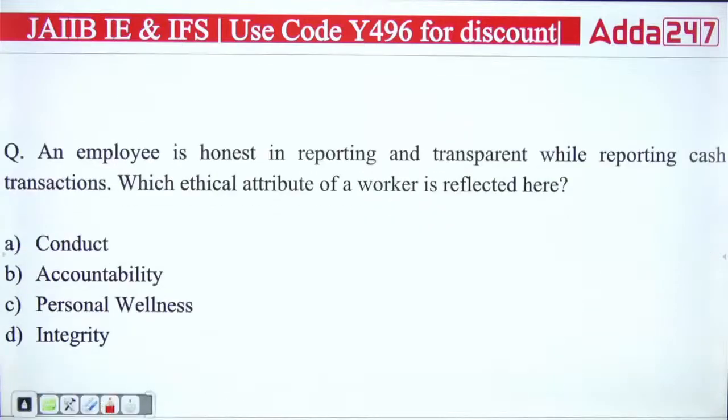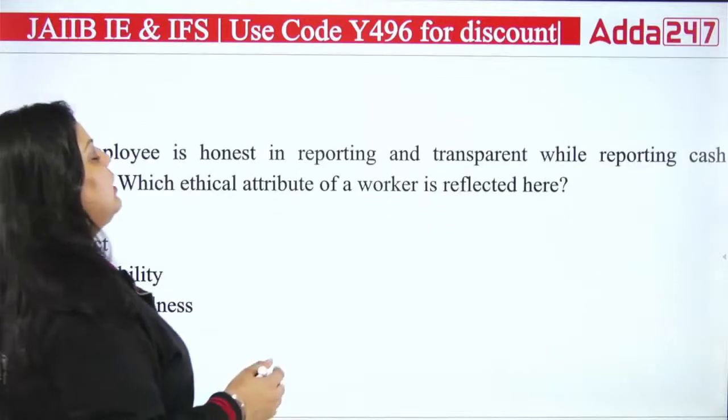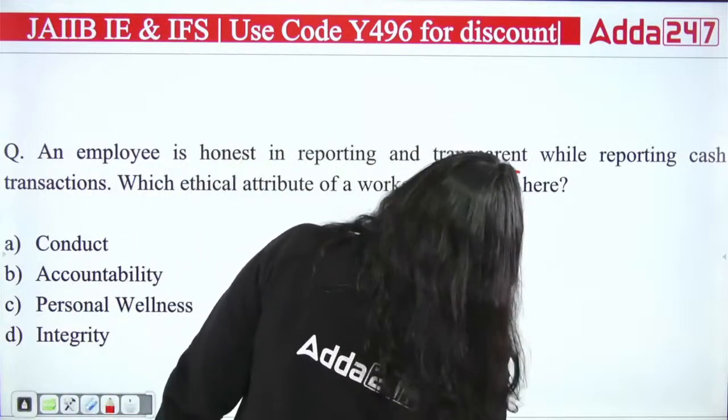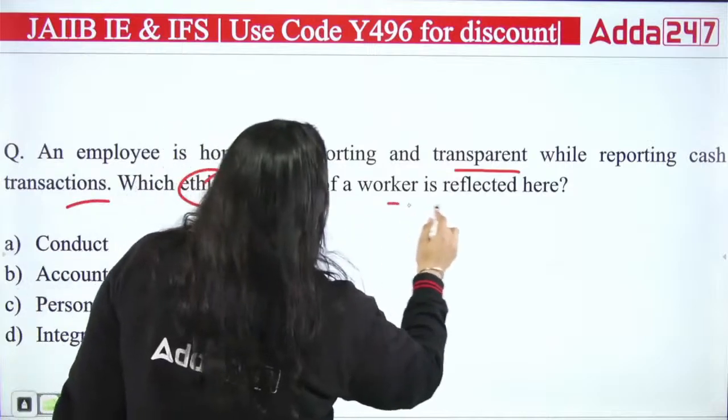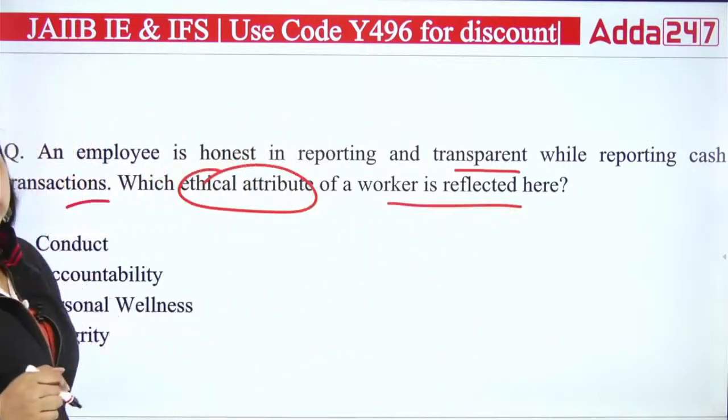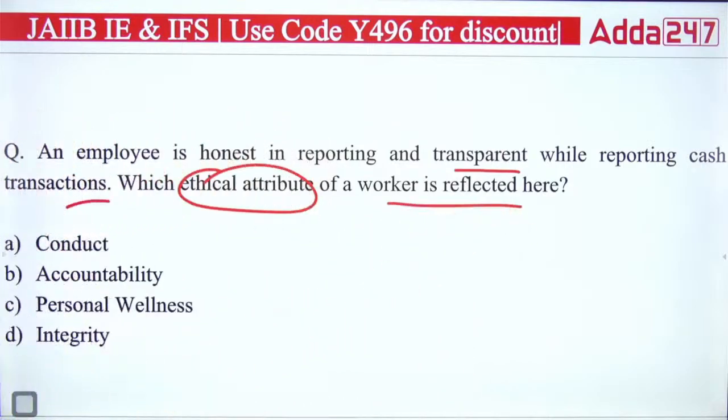Next. An employee is honest in reporting and transparent while reporting cash transactions. Which ethical attribute of a worker is reflected here? So we are talking about an employee who is honest in reporting and transparent while reporting cash transactions.